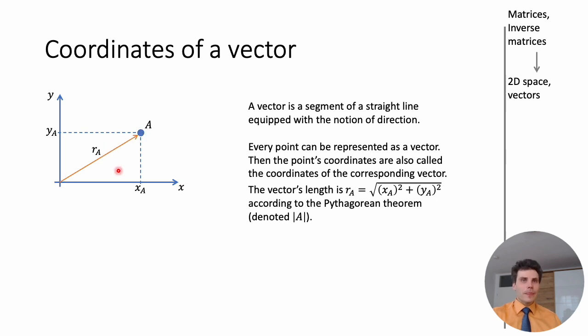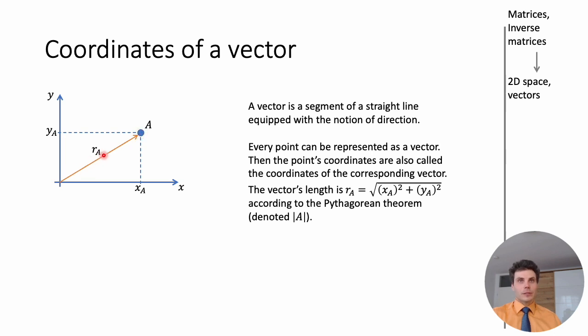But also, there is an obvious duality between vectors and points. Not a unique duality, but at least every point on a plane can be represented with a unique vector that starts in the origin and has its end in the corresponding point.